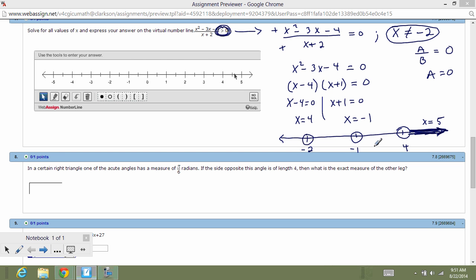Now, a number in between -1 and 4, perhaps a test number of 0. And 0, very easy to work with. 0 plus 2, that's going to be positive. But the numerator now, a 0 minus a 0 minus 4, your numerator is going to be a negative number.